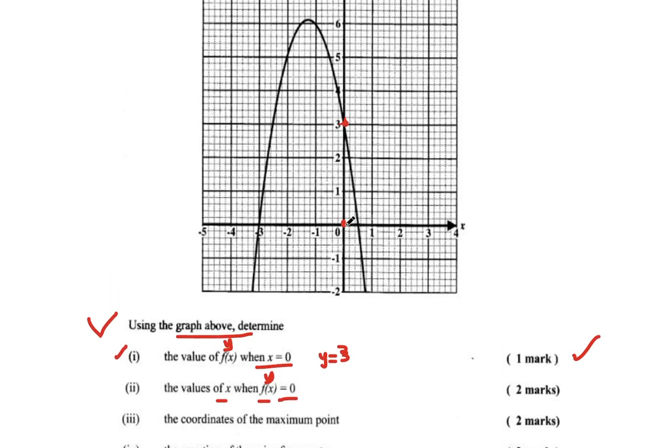Where f of x or y is equal to 0 would be here at the origin, where both x and y are equal to 0. In this case, we're asked to find the values of x when y is equal to 0, so we basically just need to locate the x-intercepts. There's an x-intercept here at -3.